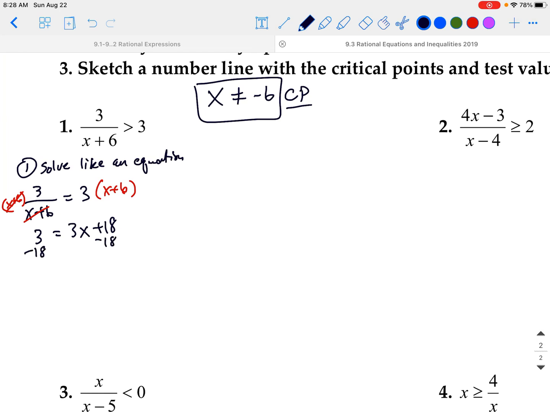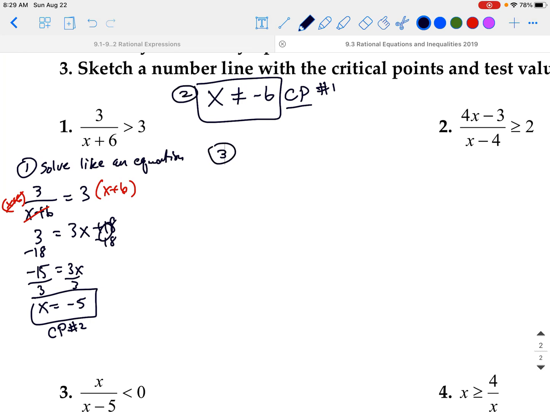We can subtract the 18 over, so we'll get negative 15 is equal to 3x, and then dividing by 3, we'll see that x is equal to negative 5. And this is also a critical point, so maybe we'll call this one number 1 and this one number 2. So for this inequality, we have 2 critical points. So now, we'll go to 3.